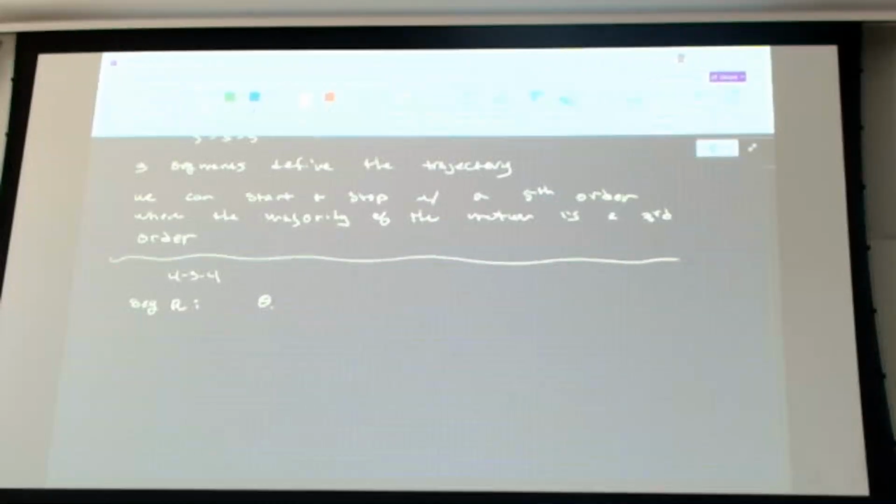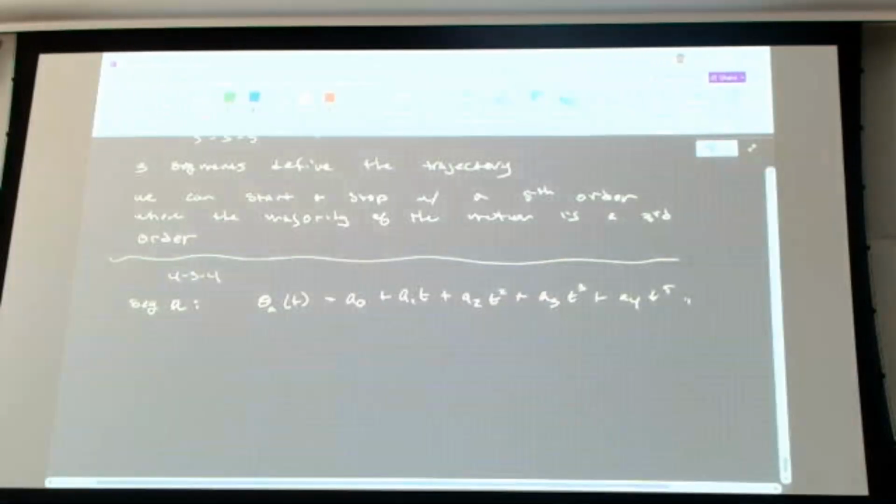So our theta A of t is going to be A naught plus A1 t plus A2 t squared plus A3 t cubed plus A4 t to the fourth.